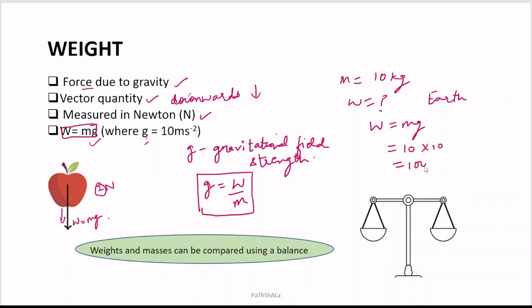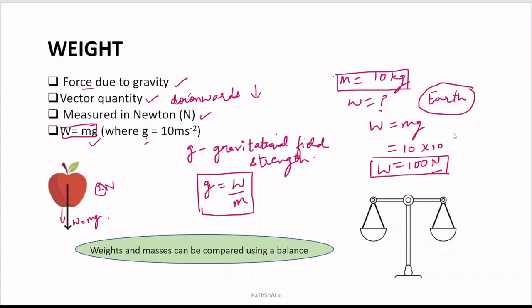So weight is 100 newtons. Weight is 100 newtons, right? So the mass of the object is 10 kgs and the weight of the object is 100 newtons. Same object, on Earth.